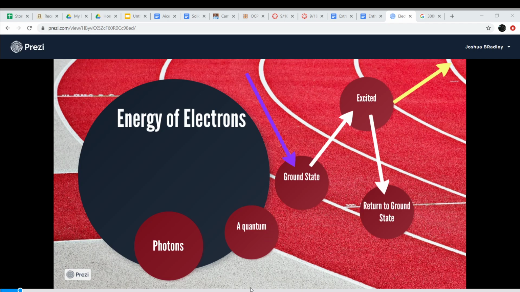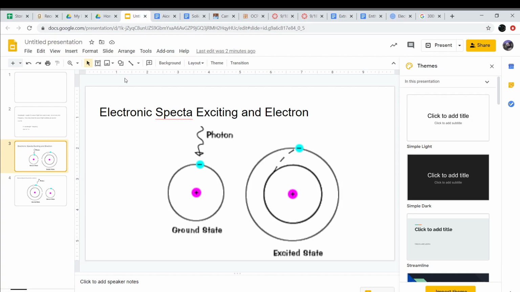So when we're talking about these electrons, we're going to talk about a couple of different states of them. Normally when an electron is doing its thing, it's in what's called the ground state, and the ground state is its normal state. Now, if our electron is lucky, it might absorb a photon.